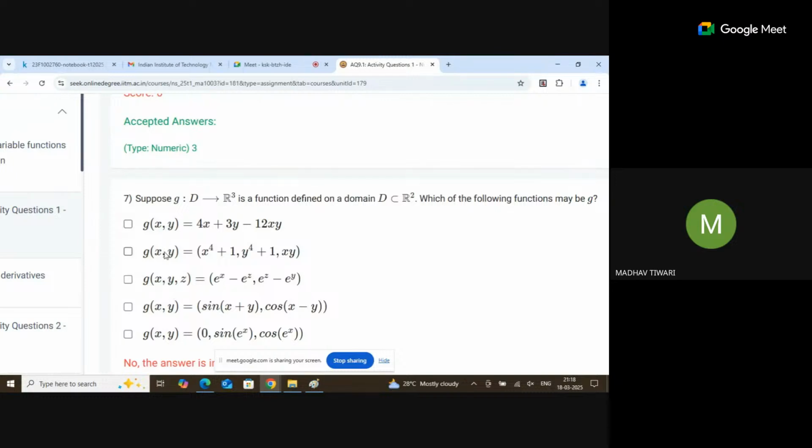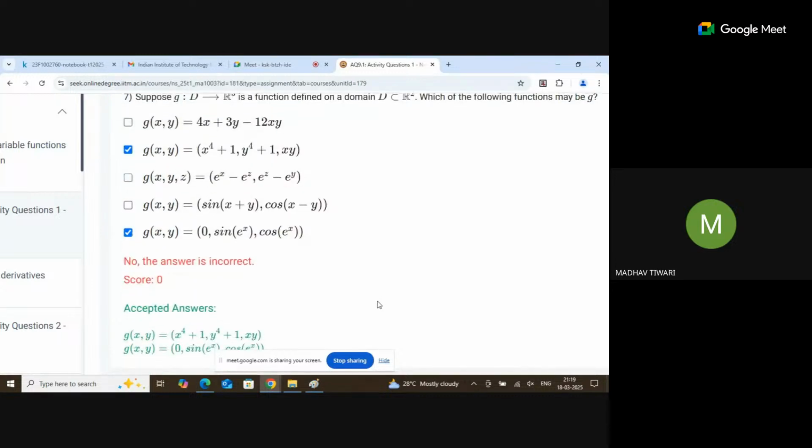Now we check the first, second, fourth, and fifth. The value should be in R3. This one is not in R3, it is only R, a single real number. After that, this one is in R3, so this is okay. This is in R2, so it cannot be. And this is in R3, so this is okay.